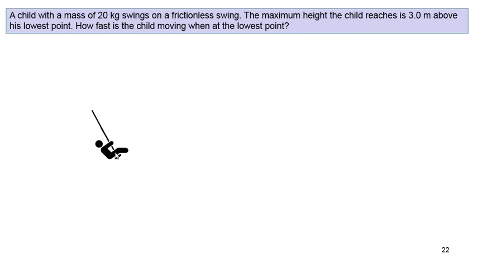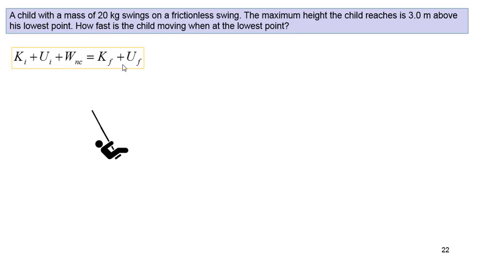It's always going to be pulling perpendicular to the direction the object is moving, so that force is not doing any work. So the only force that's doing work in this case is a conservative force. It's the force of gravity. And because the only force that's doing work is a conservative force, mechanical energy will be conserved. So we can use our simple formula Ki plus Ui equals Kf plus Uf.